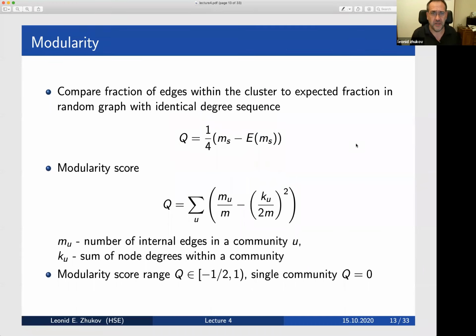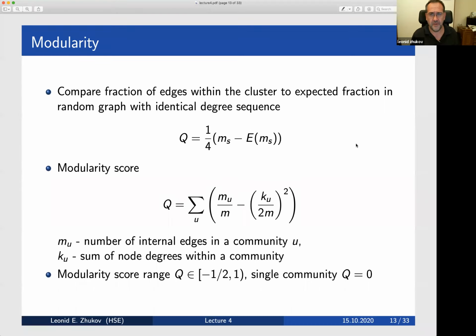And the idea is the following. Remember that I mentioned to you when we looked at the density that we want to compare the density within the cluster to the density overall in the graph. So modularity suggests a slightly different idea.